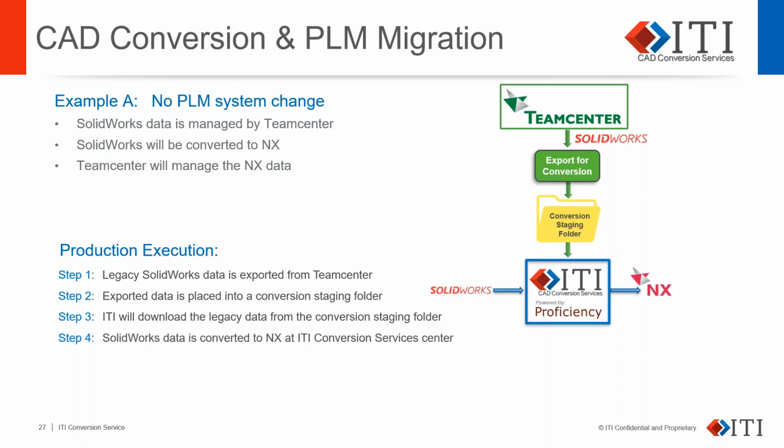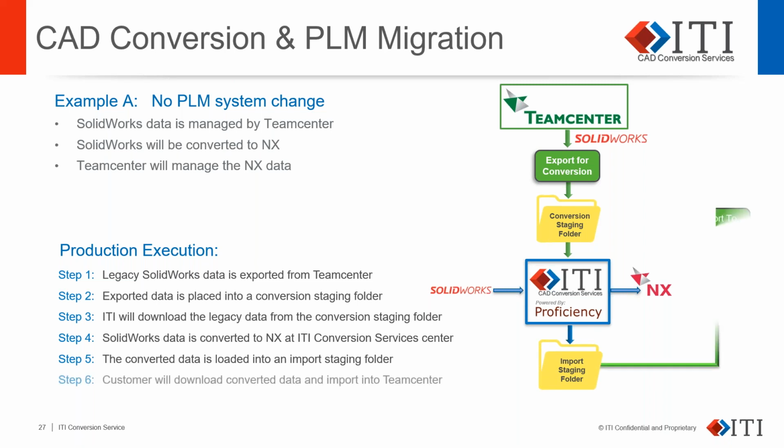This data will then be run through the software and converted from SolidWorks to NX. The converted data will then be loaded into an import staging folder, which will be sent back to the customer for import into Teamcenter. So in this case, we have no PLM change. This is what the project would look like.